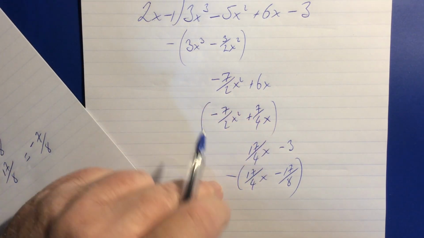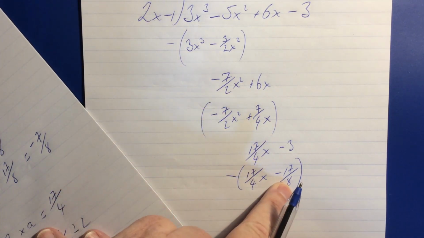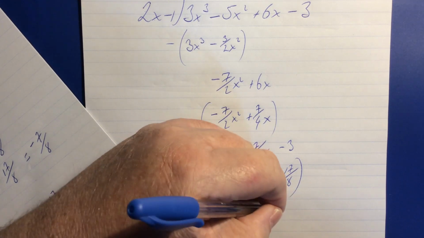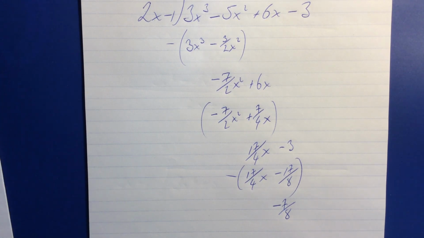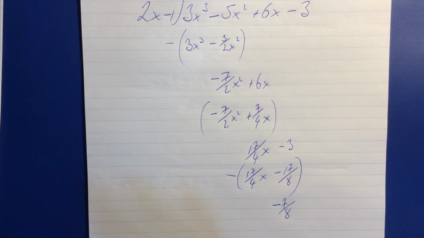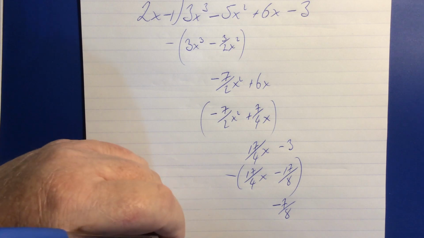So that plus 17 on 8 is going to leave me with negative 7 on 8. Okay, I hope this is continuing to make sense. There are a lot of fractions in here, and there's a lot of processing to do.